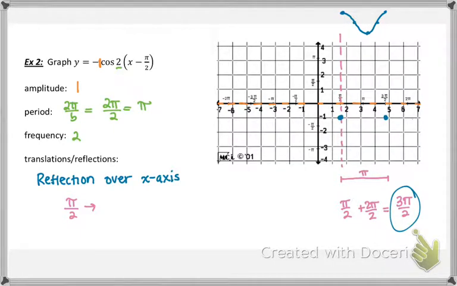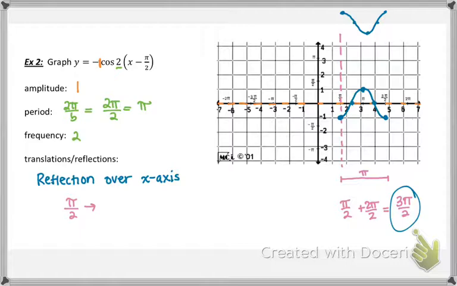Okay, in between that, which is pi, it's going to be up at 1, because I have a reflection. And then in between those points are my points where it's going to hit the wave axis. And so here is my first cycle that I can draw.